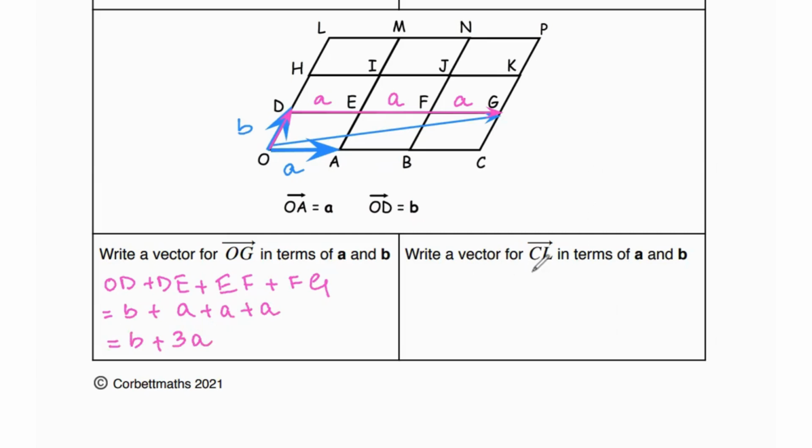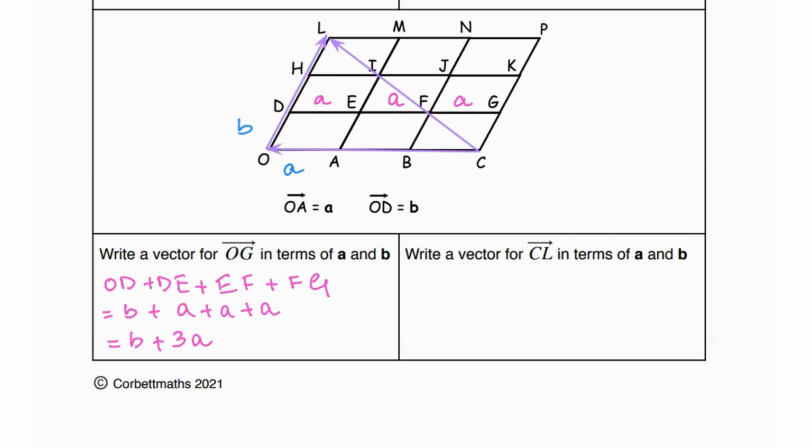Now to write a vector for CL, CL is this. So we could do CO plus OL. Let me just erase this. CO plus OL.